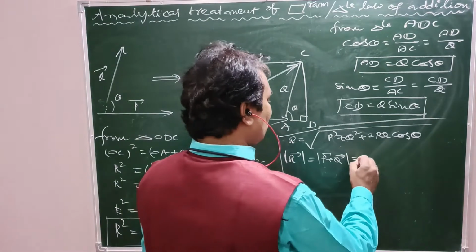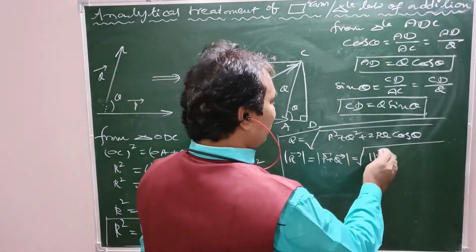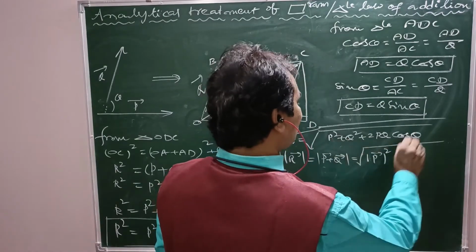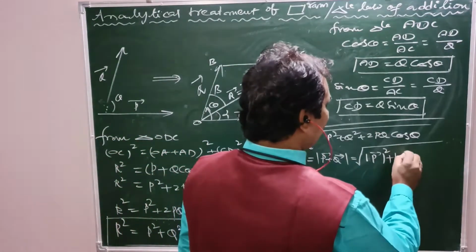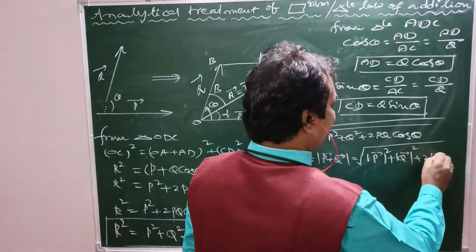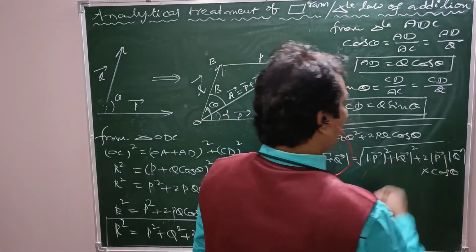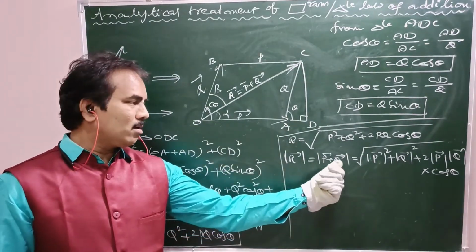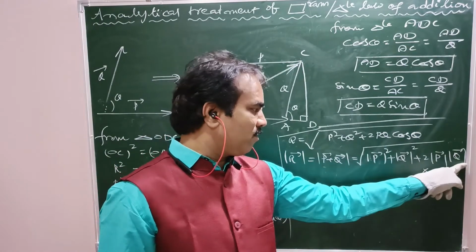That also equal to square root of mod P bar square plus mod Q bar square plus 2 into mod P bar, mod Q bar into cos theta.